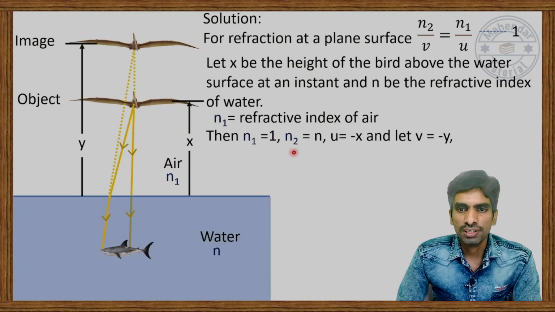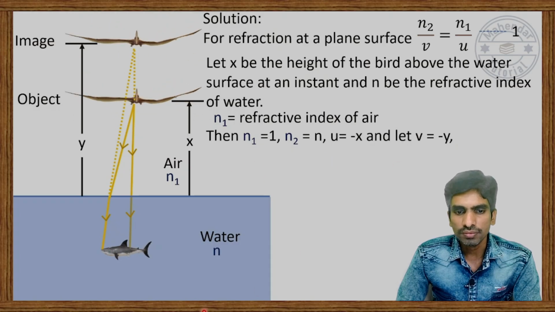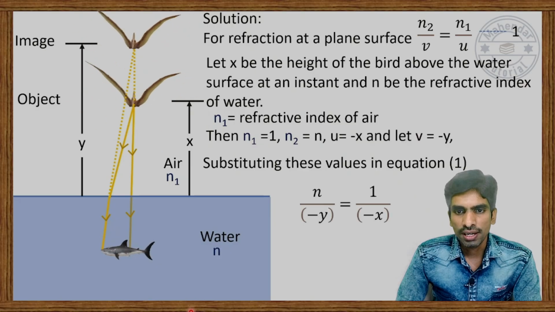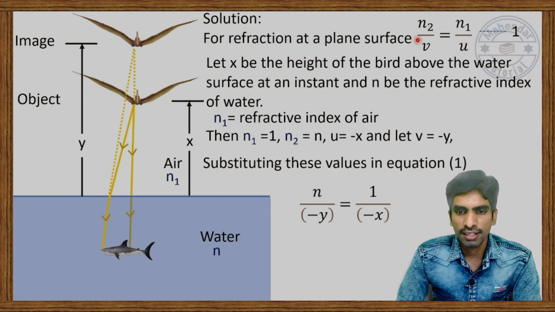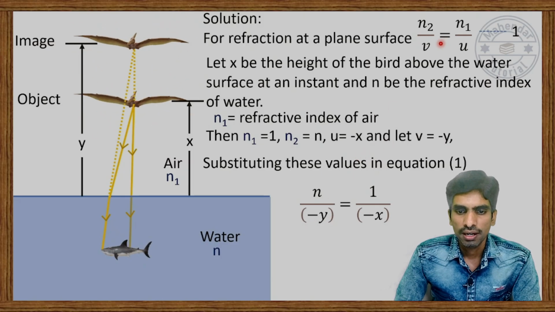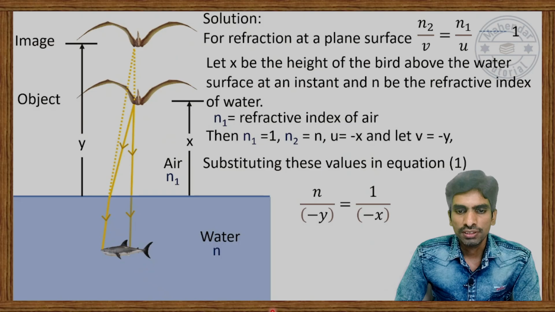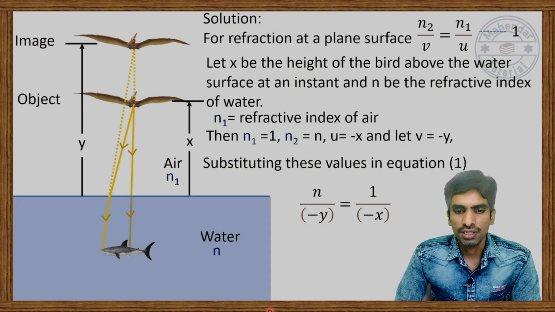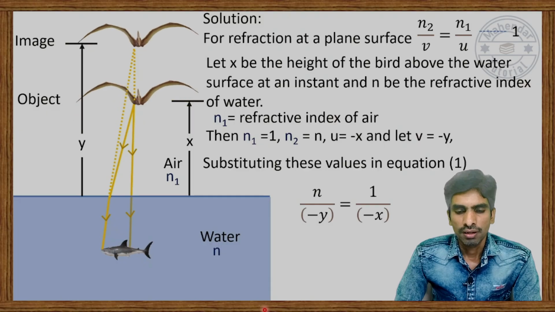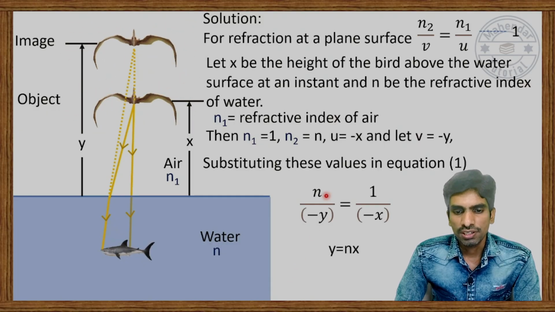Substituting these values in equation number 1, n by minus y, because in the place of n2 we are writing n, and for v we are writing minus y, is equal to n1 value 1 by u value minus x. So n by minus y is equal to 1 by minus x. After solving this, we get y is equal to nx.